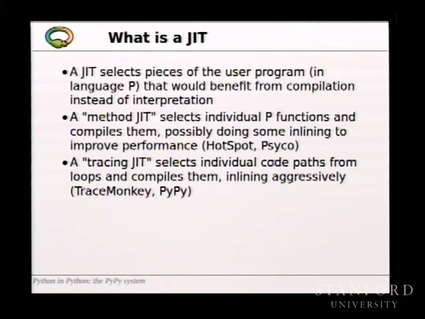And that includes all calls to all helper functions. You get a big linear trace, and you compile this trace as a loop of machine code. So this is the basic approach of tracing JITs that is used, for example, in TraceMonkey for JavaScript and in PyPy.